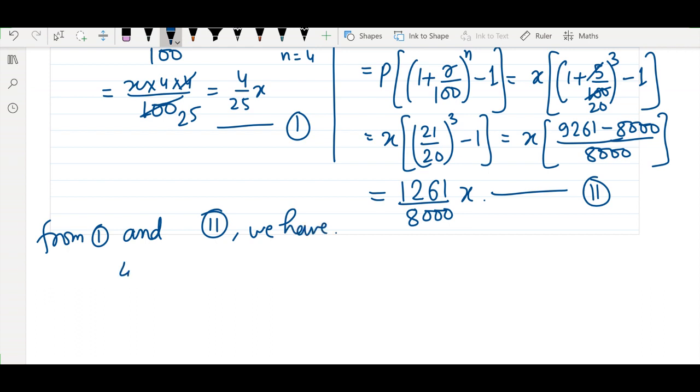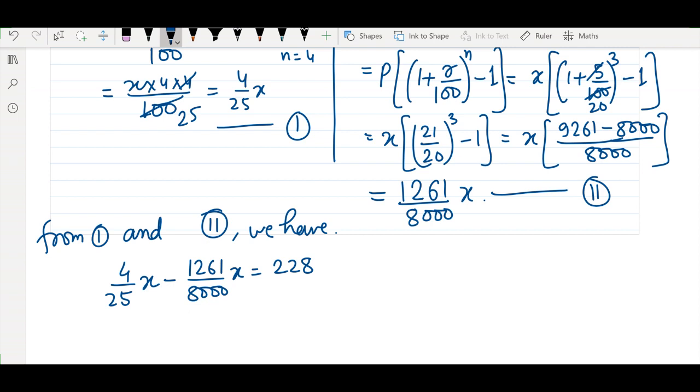We have 4 over 25 x minus 1261 over 8000 x is equal to 228.